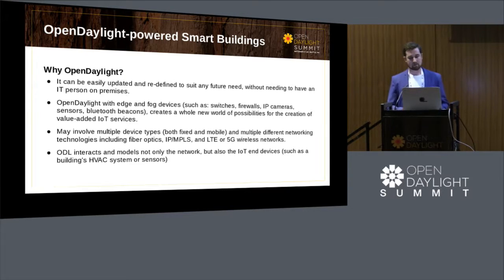If you have a network that involves multiple device types and multiple different networking technologies, such as the ones listed, OpenDaylight can program all of these onto thousands of devices. And finally, it's that end-to-end visibility, where it's able to see and connect and control essentially the HVAC system, your internet, your cooling, your heating and cameras, and you're able to get a very efficient system where you do not need multiple closed networks.